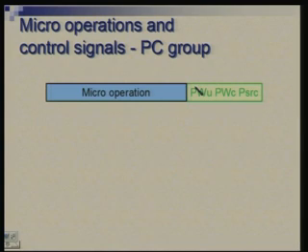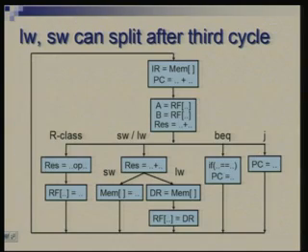You would notice that in some micro operations like PC gets PC plus 4, we are writing it unconditionally, okay. Whereas there was an operation like this where we are writing into PC with some condition.